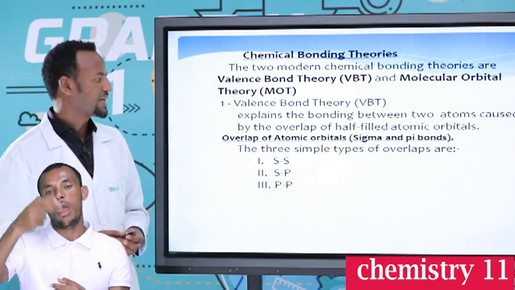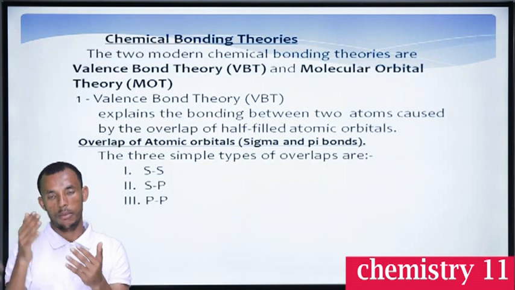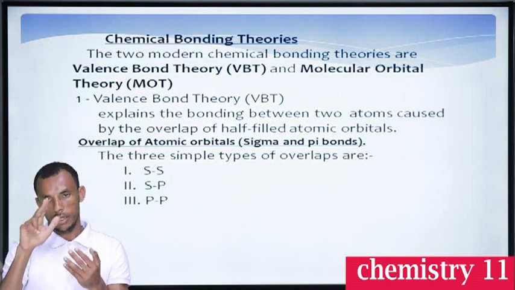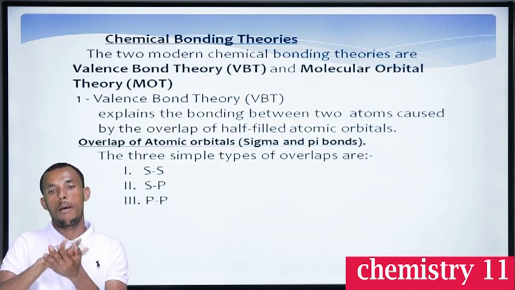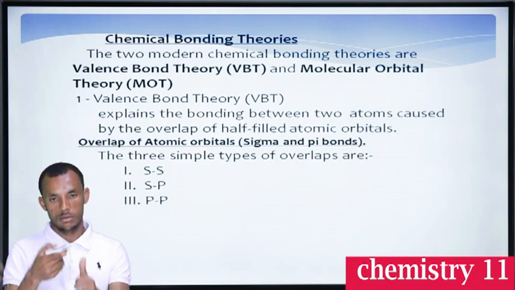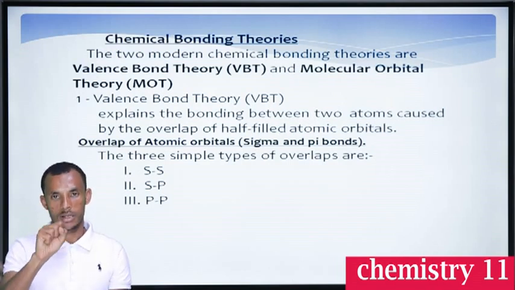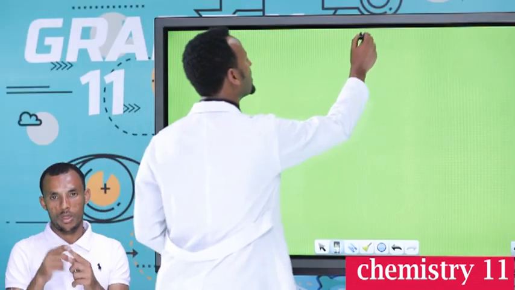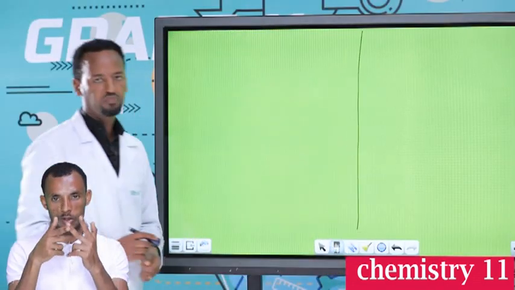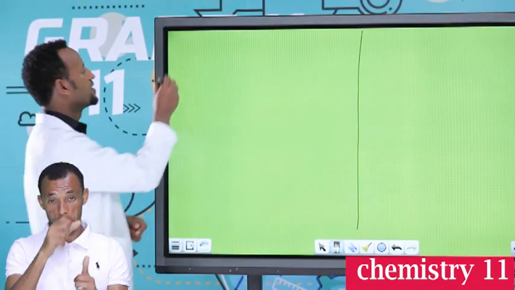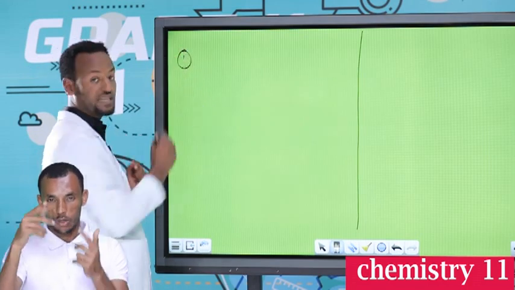The three simple types of overlaps are: one, SS, the other one SP, and the third one PP.